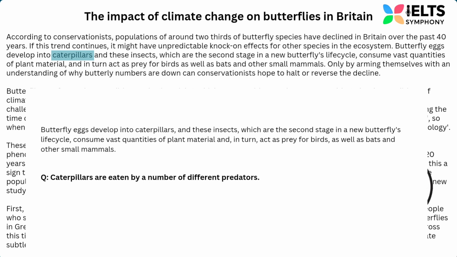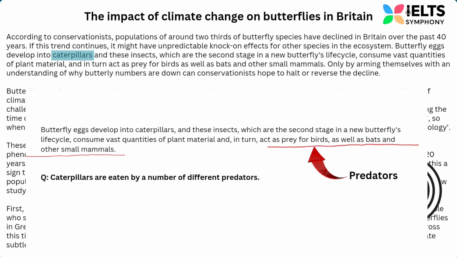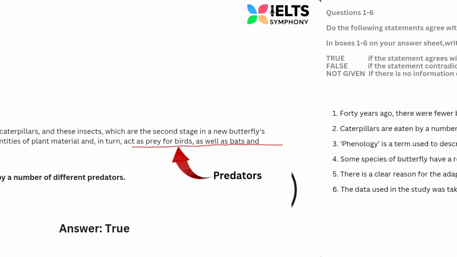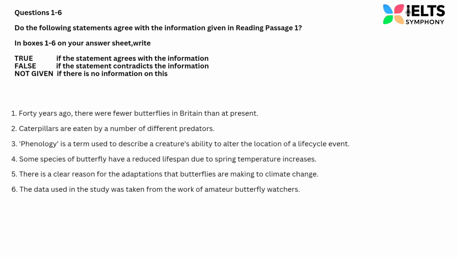Although the question does not use the word predators, it lists specific species instead. However, we have confirmed that caterpillars are prey and are eaten by multiple species. Since the passage supports the statement, the correct answer is true. Let's move to the next one. We will apply the same strategies to draw our answer.